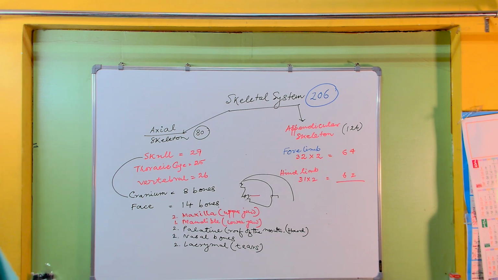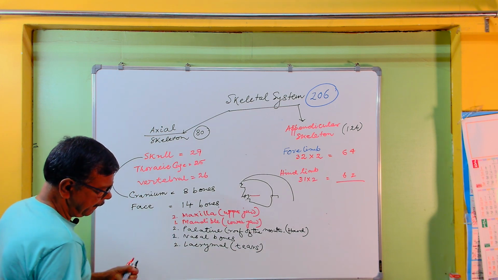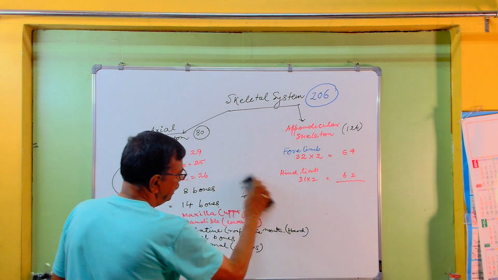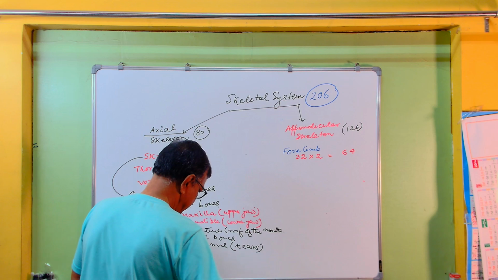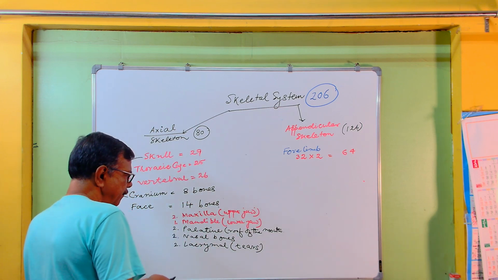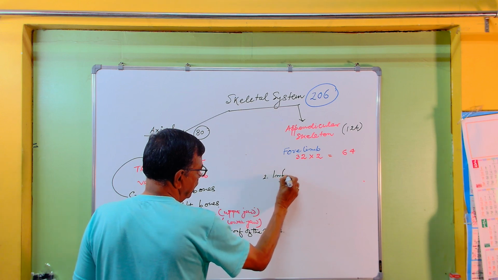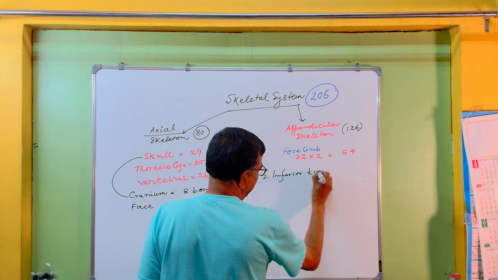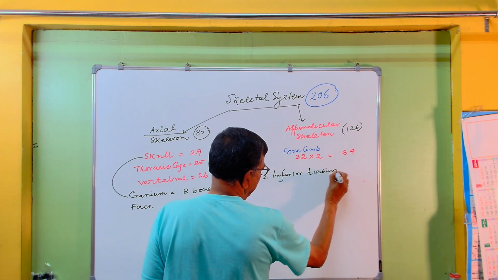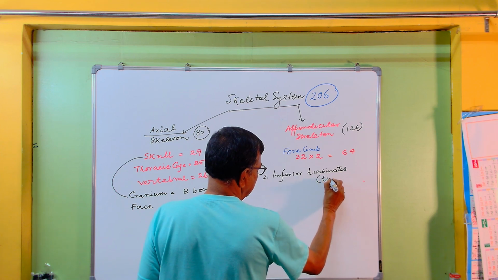Then another two: two inferior turbinates.